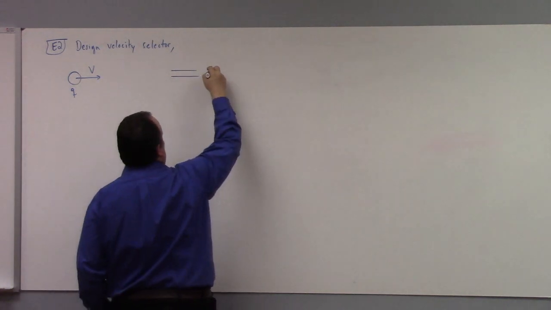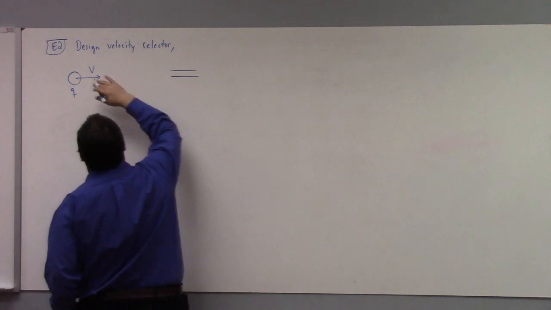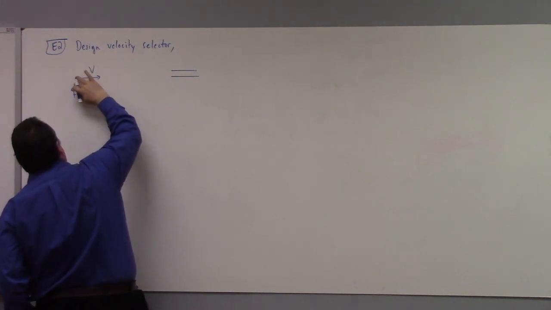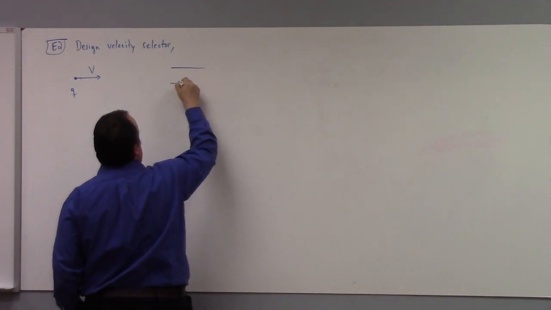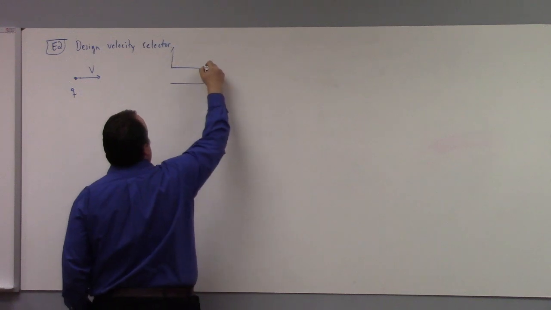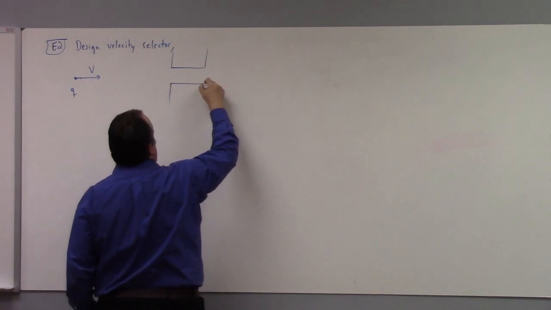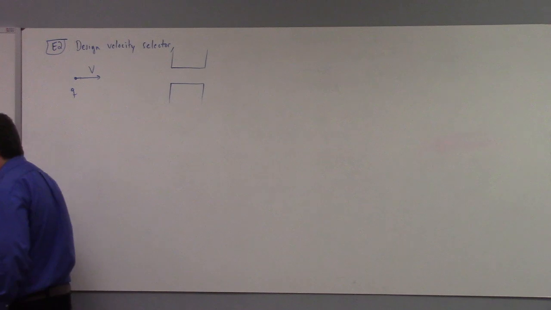You wanted the charge, and I'm drawing it too big. Think of it as point-like. There we go. So you've got some kind of region, and you're trying to make it so that in here only a charge of a certain velocity gets through.